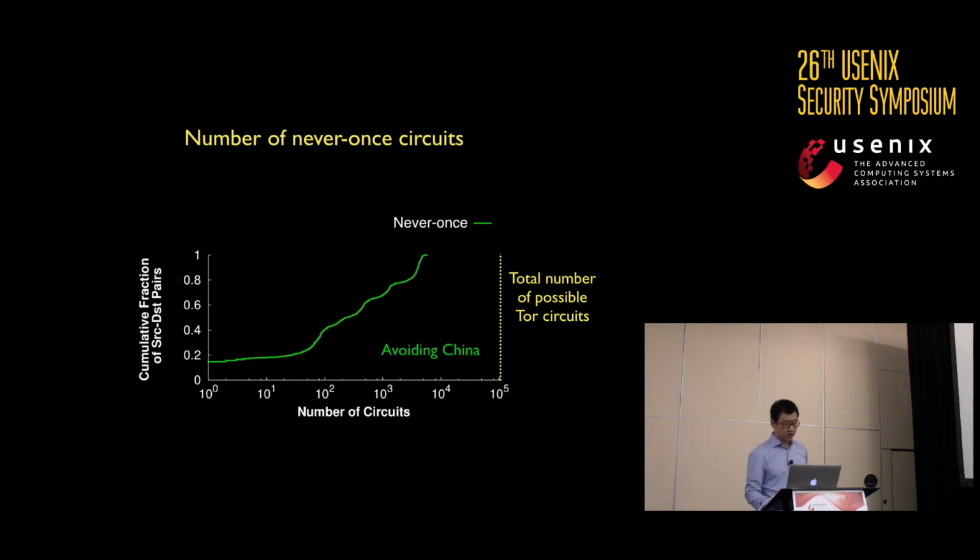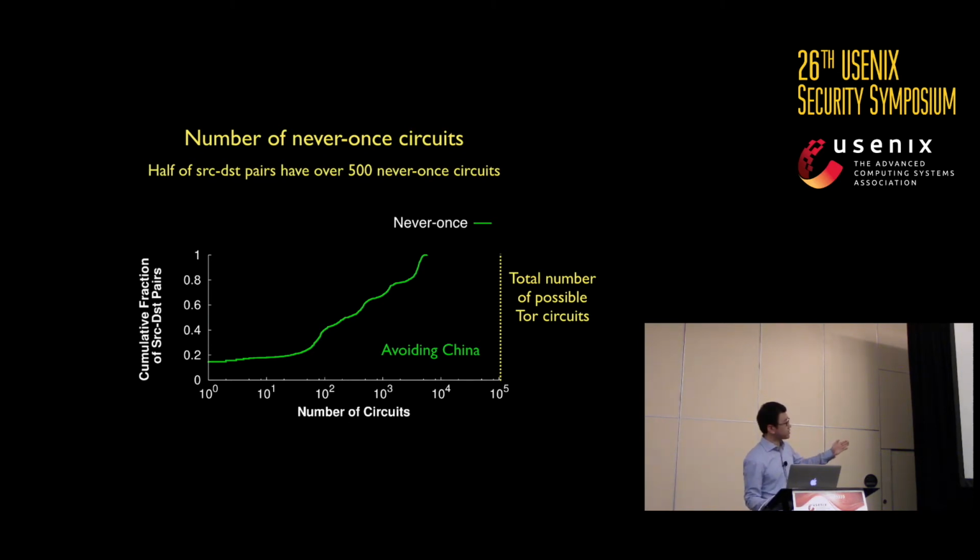And here we show the cumulative fraction of source and destination pairs of DeTor circuits. This is the CDF of source destination pairs and the number of circuits that they can find. As we can see here, over half of the pairs can find at least 500 never-once circuits.